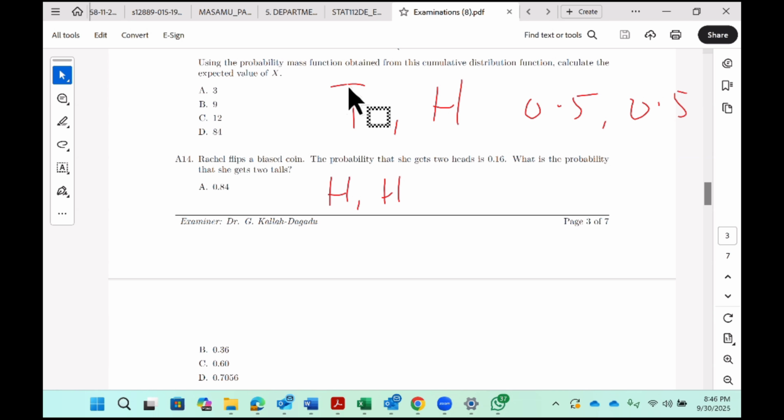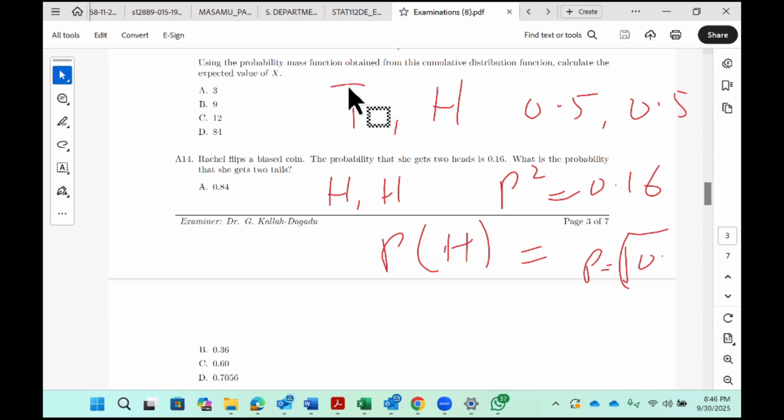So it means that P, the probability of a head, squared, is equal to 0.16. So your P, which is the probability of head, will be equal to the square root of 0.16, and that will be 0.4.